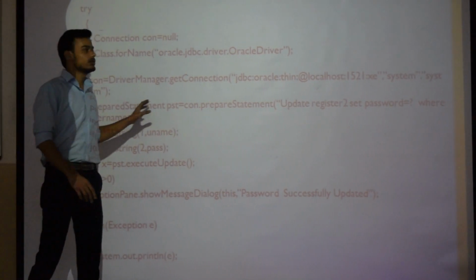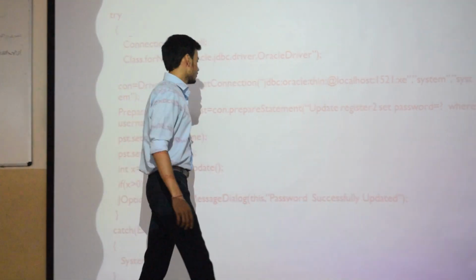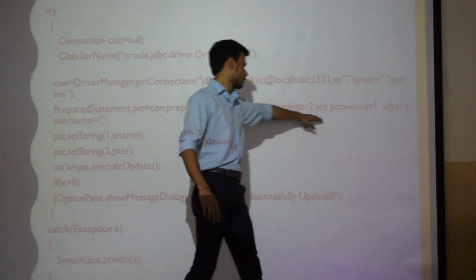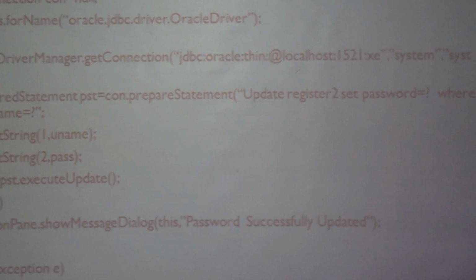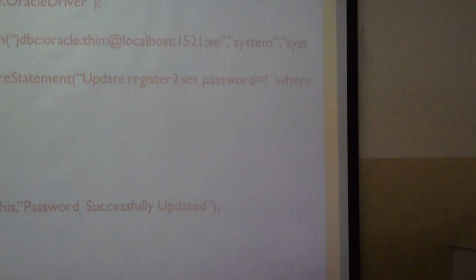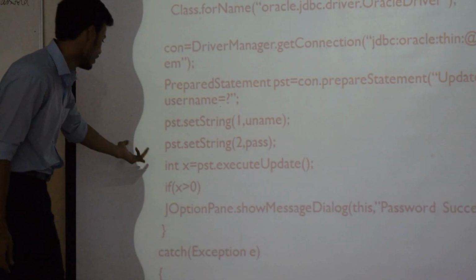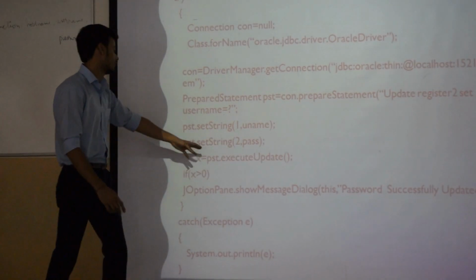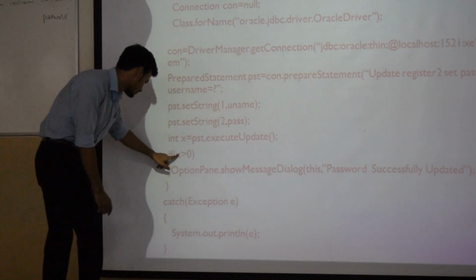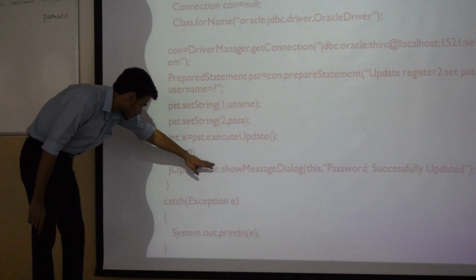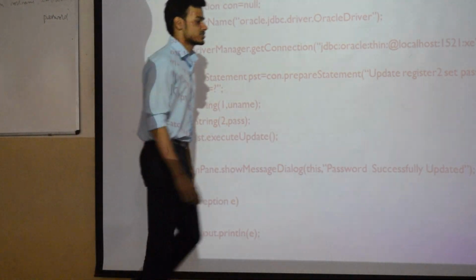Now we have to update the password corresponding to a particular username, that means according to a particular username, we are changing that person's password. So pst.setString username and password, executeUpdate, and the same, it will return value 1 because we have entered a given value. So x will be 1. So a dialog box will be printed, password will be updated. Now the catch.